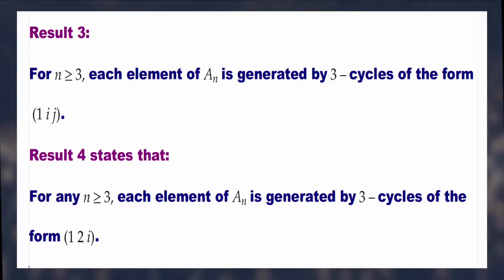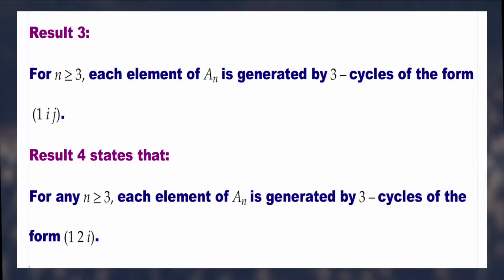The next result is Result 3. For n greater than or equal to 3, each element of A_n is generated by 3-cycles of the form (1 i j). Result 4 states that for any n greater than or equal to 3, each element of A_n is generated by 3-cycles of the form (1 2 i).